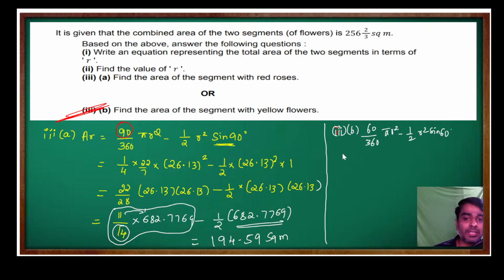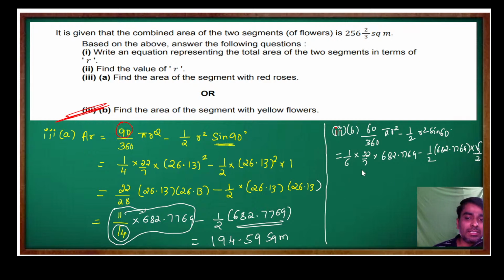You just need to take this 1 by 6 into 22 by 7. Anyway, r square is 23 point, that this number you have here, 682.7769 minus half 682.7769 into root 3 by 2. Sine 60 is root 3 by 2.